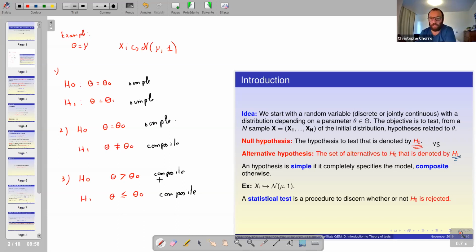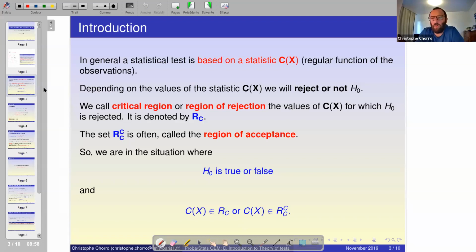Okay, so let's enter into a little bit more detail. How are we going to build this statistical rational process in order to check if my hypothesis H0 is fulfilled or not, that is rejected or not? So we are going to build this process on my observations, x1, x2.